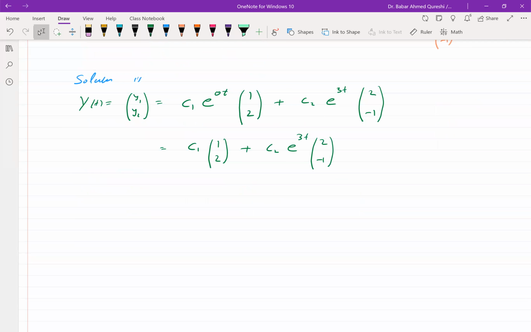Now suppose I start with y1 equal to 1 and y2 equal to 2. That would mean that I'm starting in this vector. So at the start, this C2 must be 0.